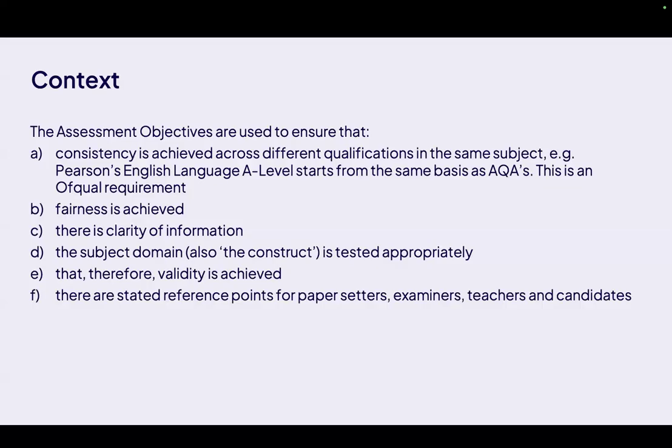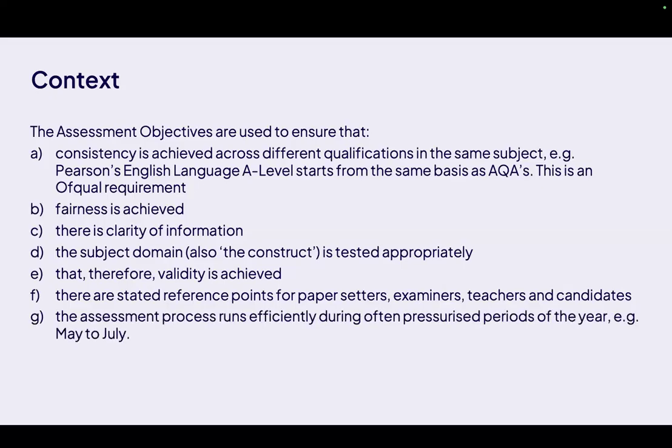There are stated reference points for paper setters. So for those wonderful people who create the papers for the different examining boards, for the examiners themselves, for teachers and candidates, there are specific reference points and keywords and key ideas that are met through the assessment objectives.